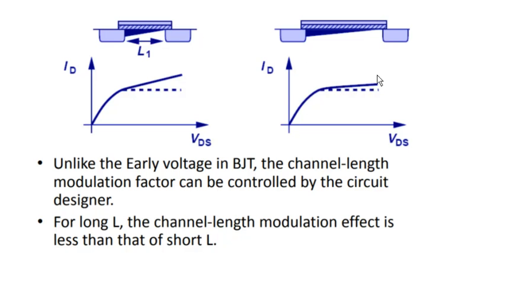For the long channel the ID increment is less, that means after saturation ID is almost constant. But for the short channel, after saturation ID keeps increasing, it is not constant. Even though the channel is reduced, ID is increasing. That's why it is called channel length modulation.